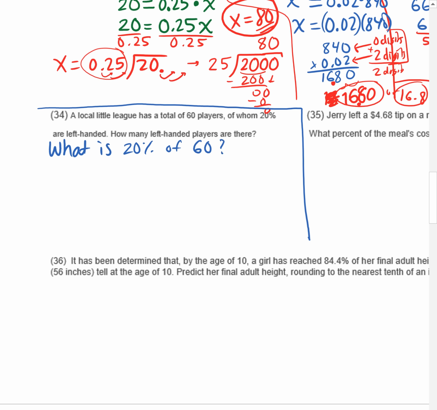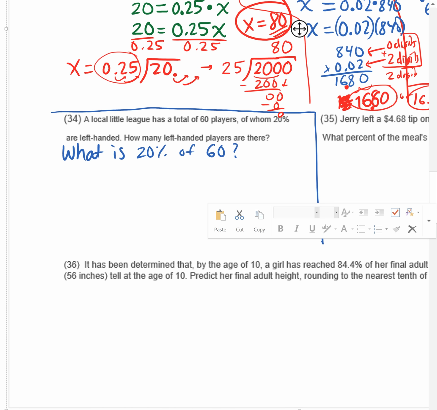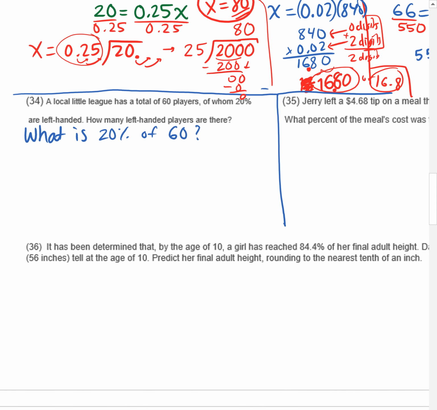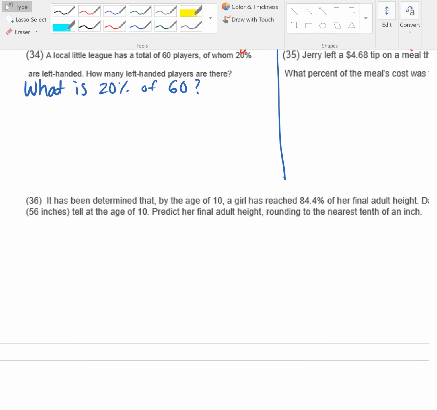Because they're saying 20% of those 60 players are left-handed. It's invaluable to be able to rewrite those problems, to phrase them in a very simple way like number 31, 32, 33 were. And then you can solve it just like we did in the previous problems.